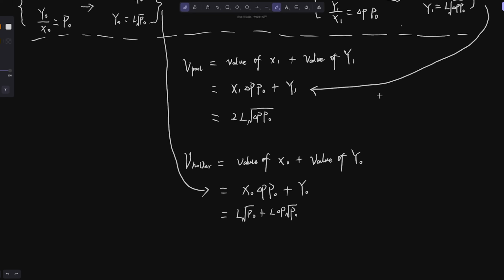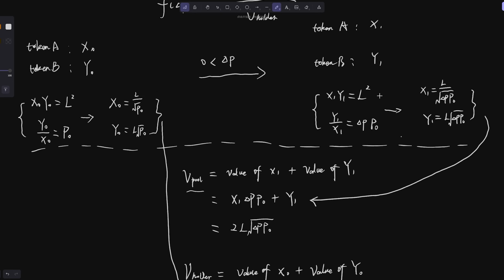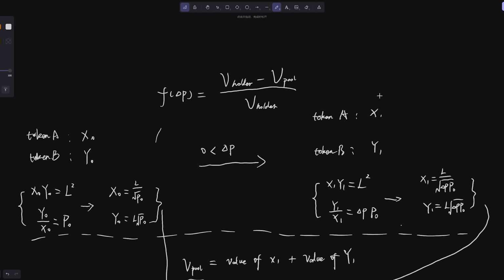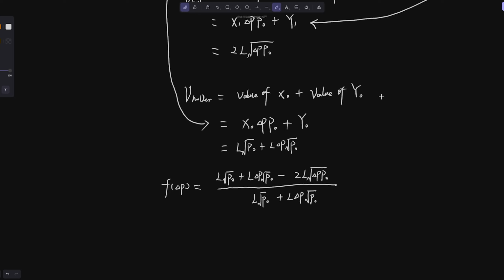Finally, let's substitute V holder and V pool in this formula. After substitution, we have a formula here, and we can cancel out all the L times square root of P0.